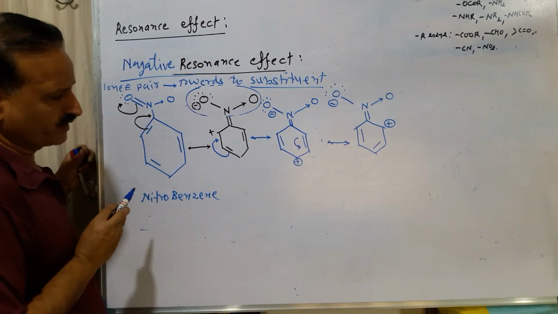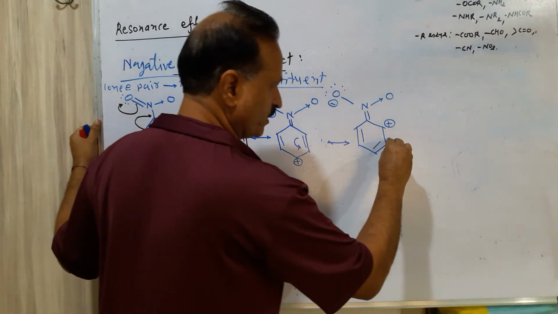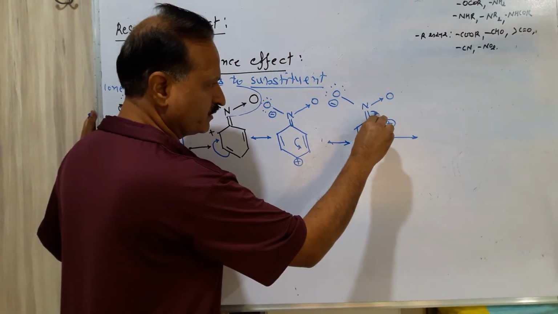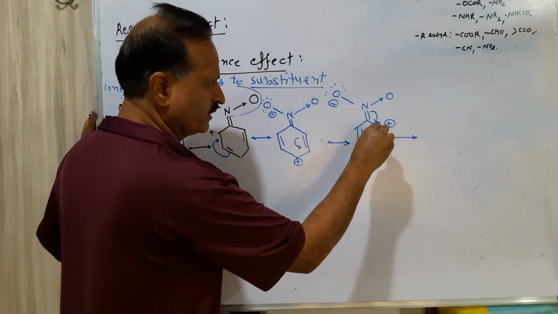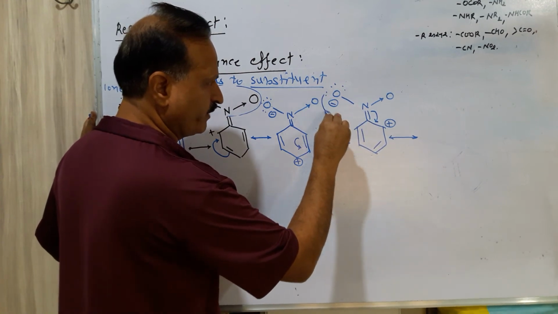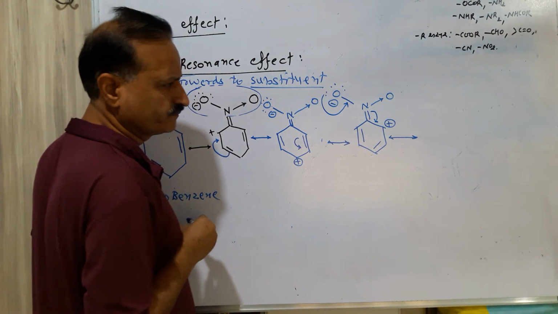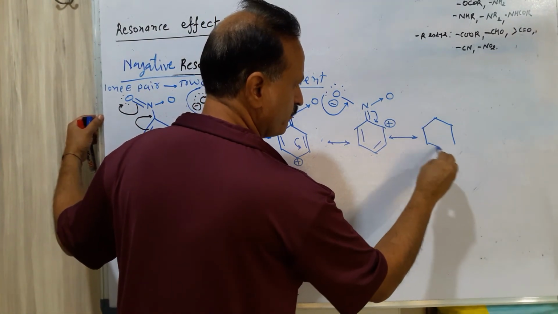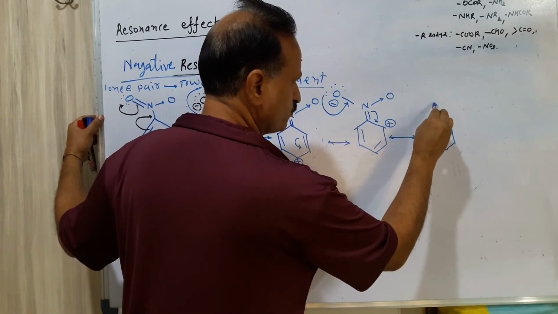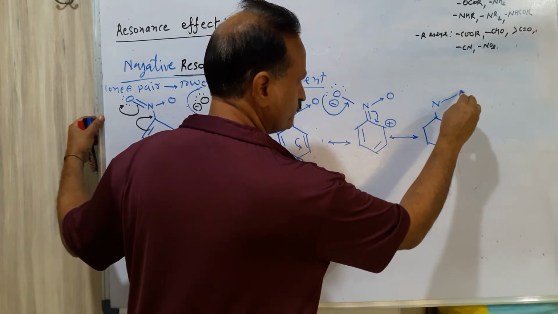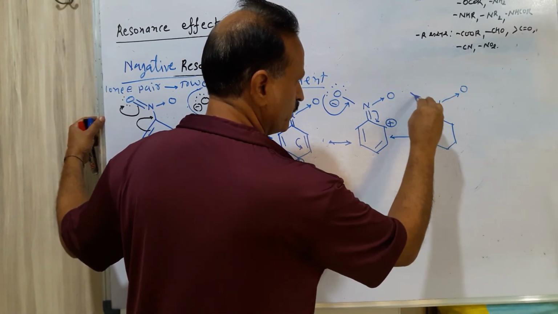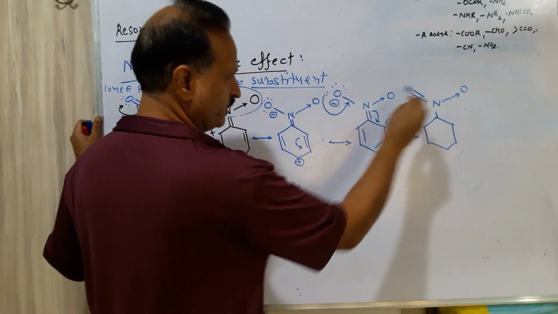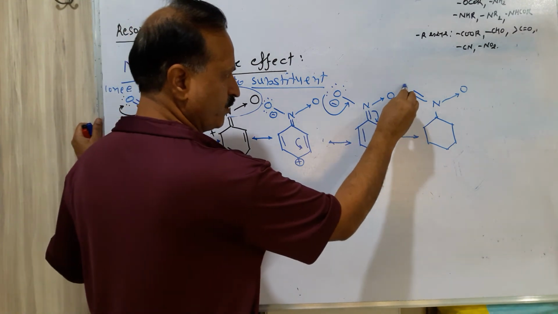Clear. Now the last structure, which is not given in your textbook: this bond will transfer over here and this electron pair will convert into bond, and we are having a neutral compound, but the place of the bond will change. Here will now be a double bond because the electron pair will convert into bond.